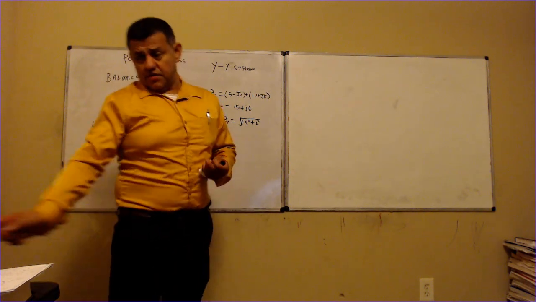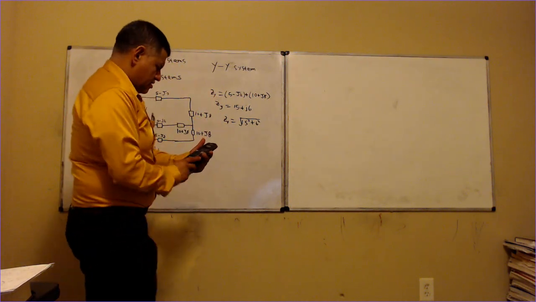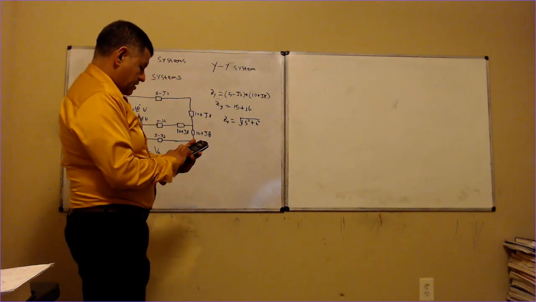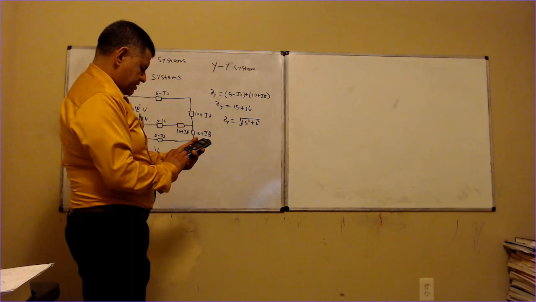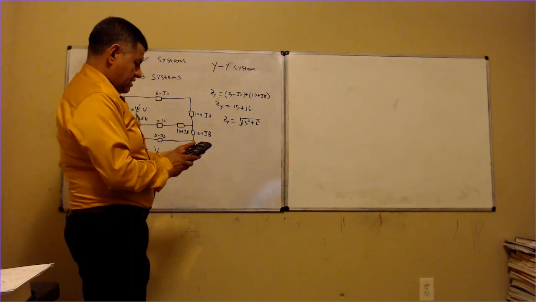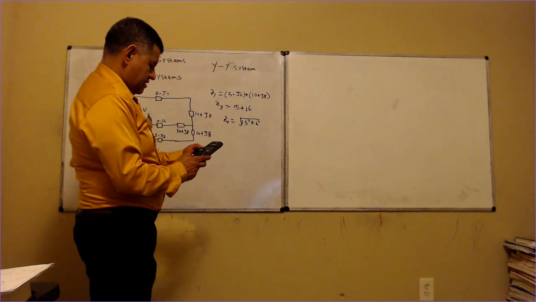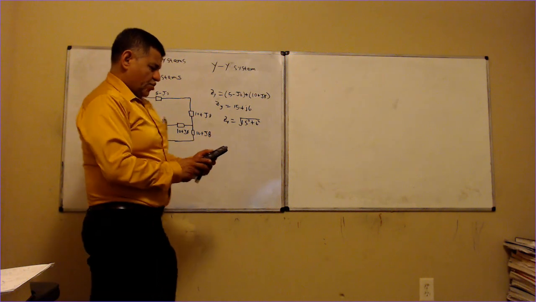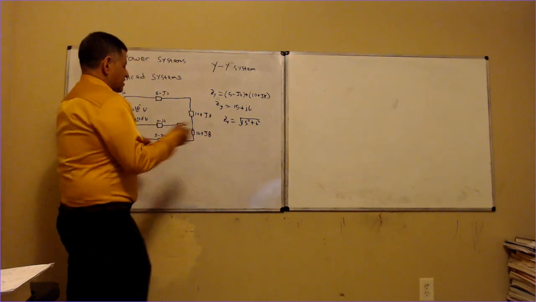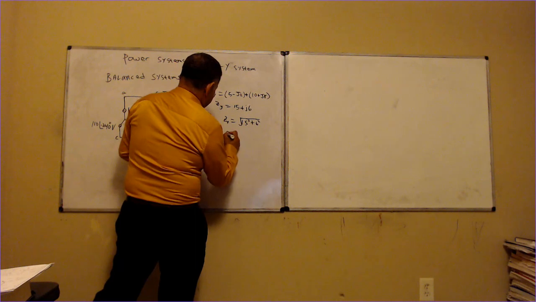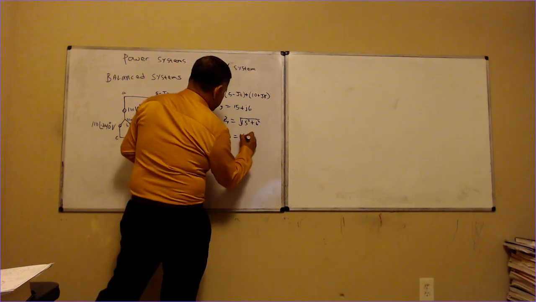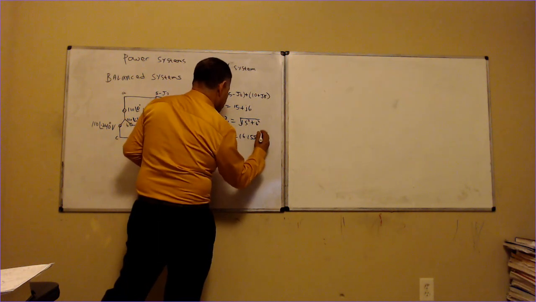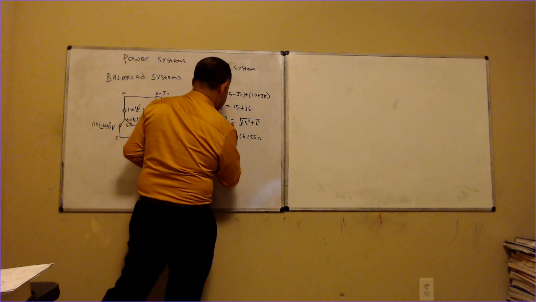And when we do that, we take the magnitude of that. So ZY is equal to 16.155, and those are, of course, ohms, right?